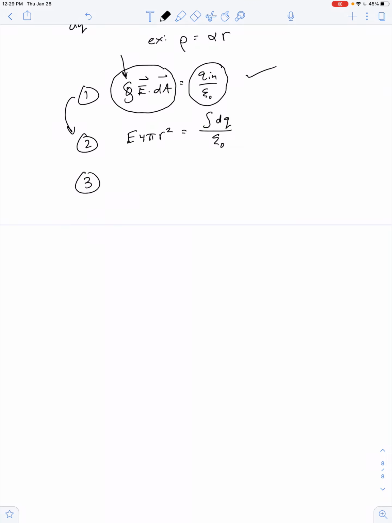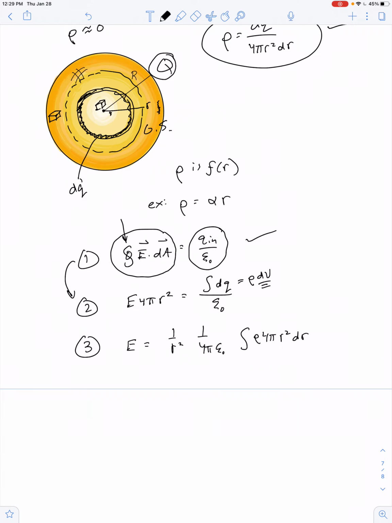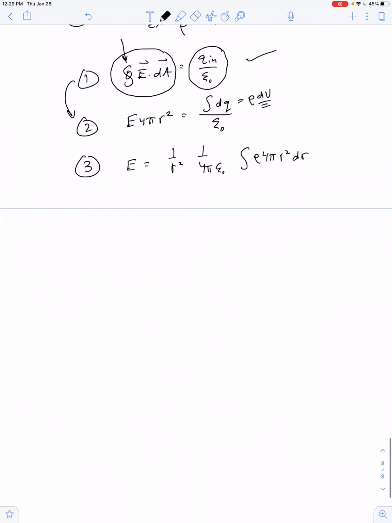In step 3, we have E equals 1 over r squared times 1 over 4 pi epsilon naught times the integral of rho 4 pi r squared dr, right? dq is the same thing as rho dv, and dv is 4 pi r squared dr if I'm thinking of dq as occupying little spherical shells.